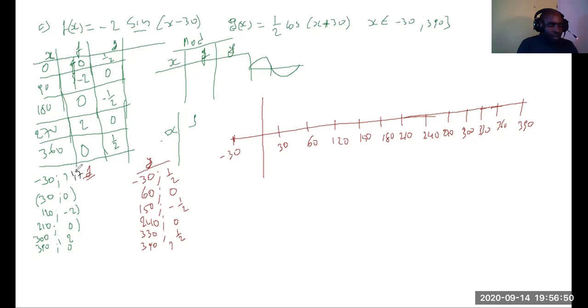The first one is negative 30, comma, and the last one 390, 2 comma 0.25.